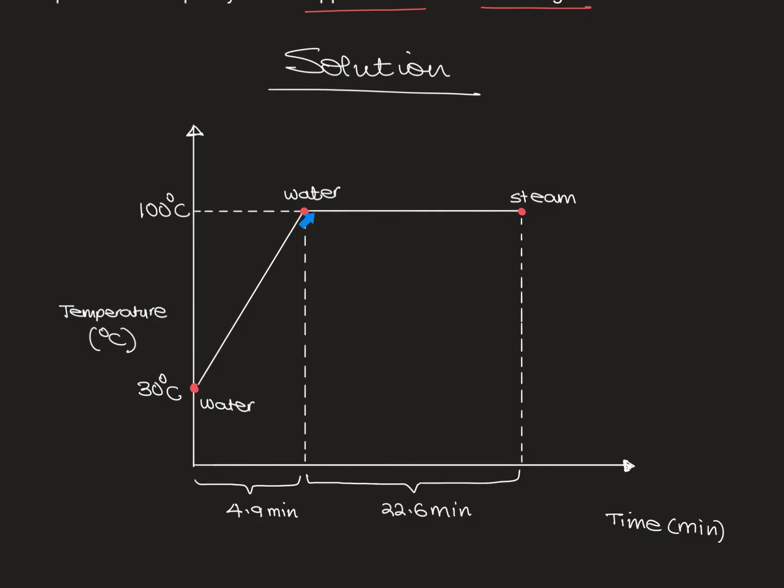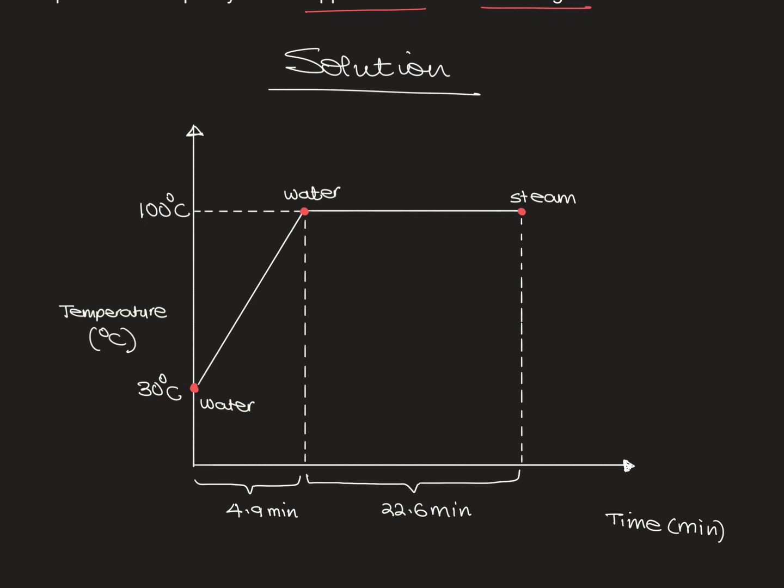Then after water has reached its boiling point, heat continues to be supplied to it for another 22.6 minutes. So what happens when water boils? From water at 100 degrees Celsius to steam at 100 degrees Celsius, there will be vaporization.